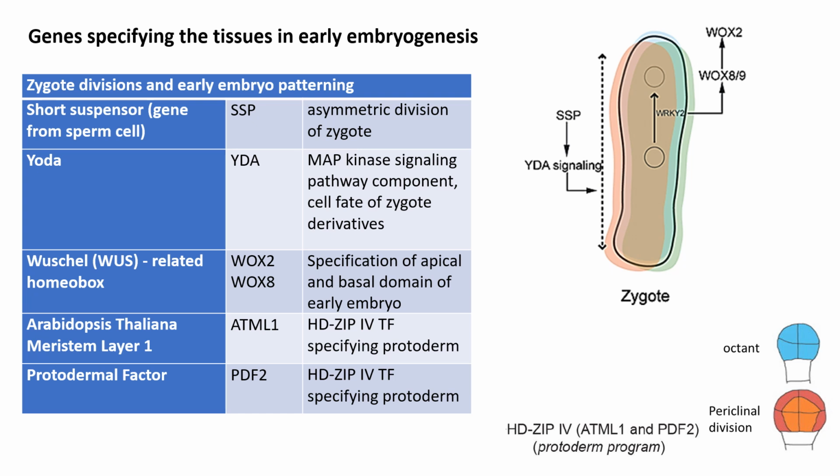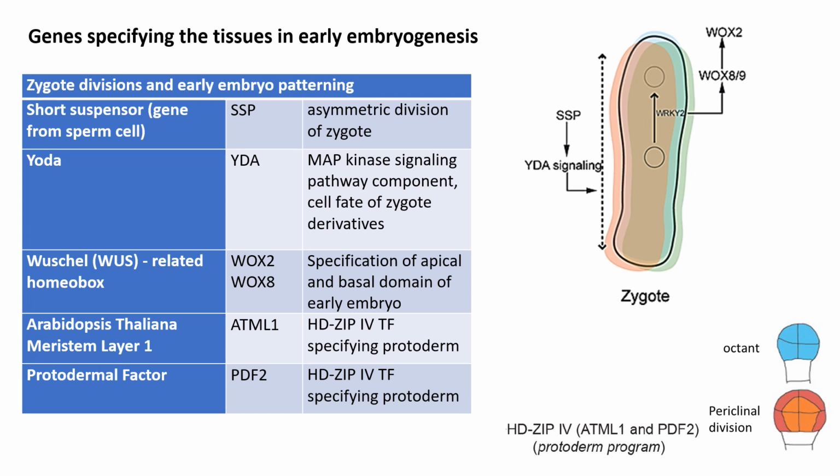The next gene is YODA, which is responsible for the cell fate of zygote derivatives. It is a component of the MAP kinase signaling pathway. Then there are Wuschel-related homeobox genes, which specify the apical and basal domain of the early embryo.